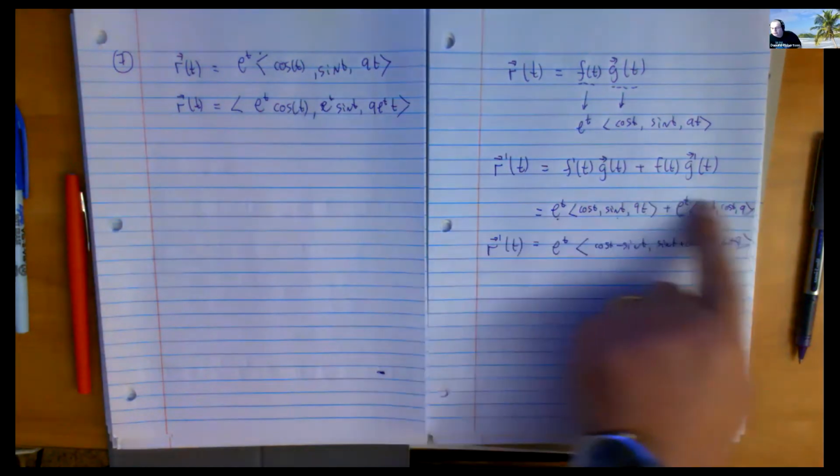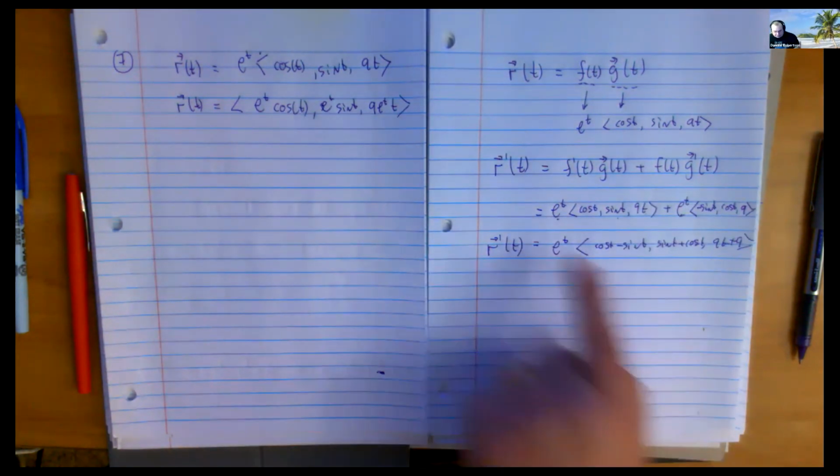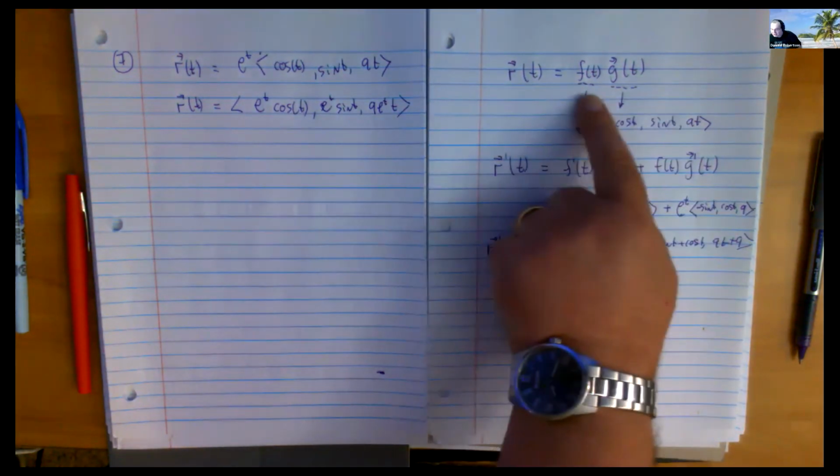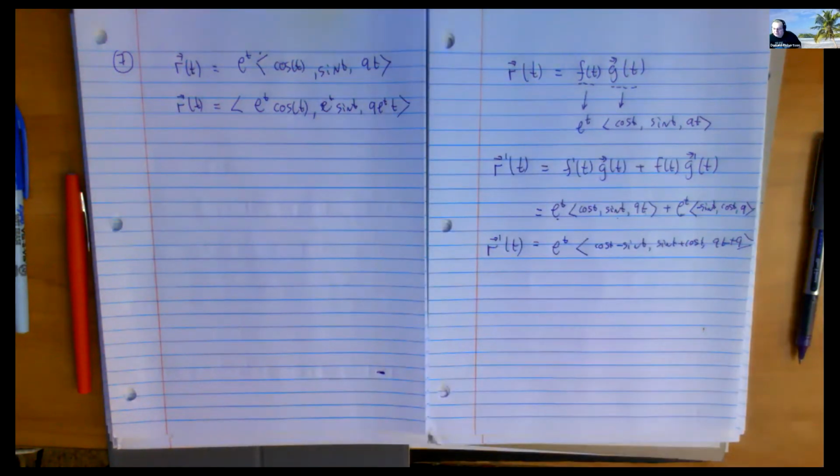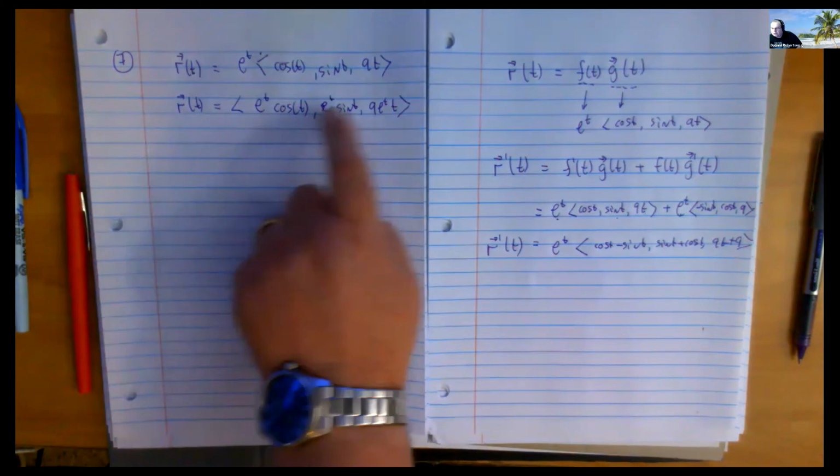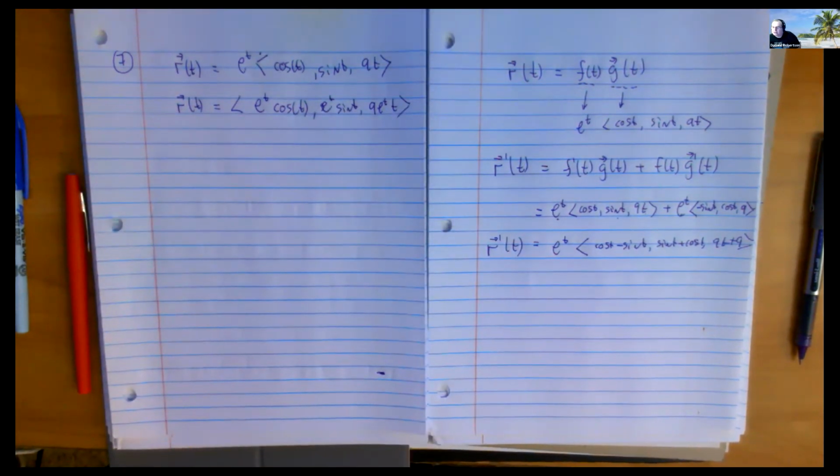Or you could do this. Can you imagine that this version of the product rule could reduce your workload? So if you like it, do it. If you think, nah, my brain's got too many things in my head, I'll just do it a little bit more mechanically. That works too.